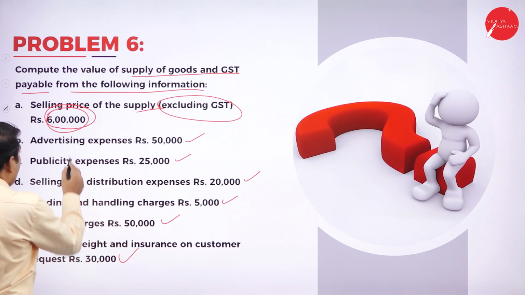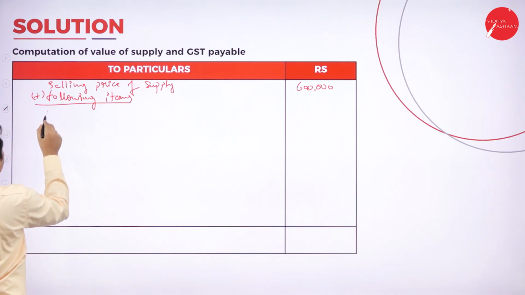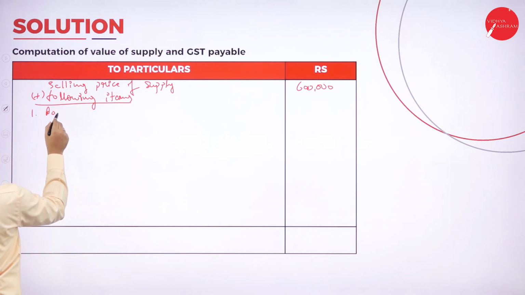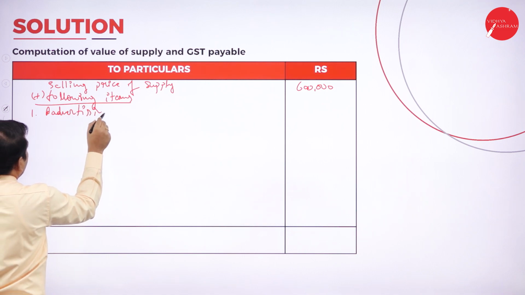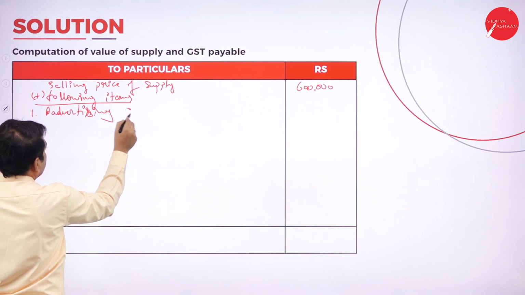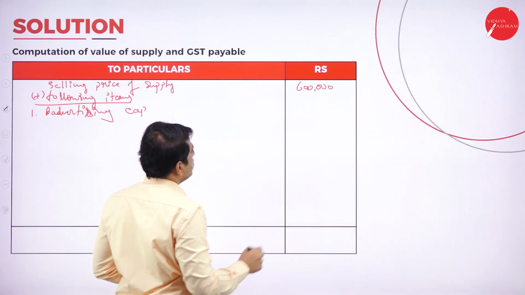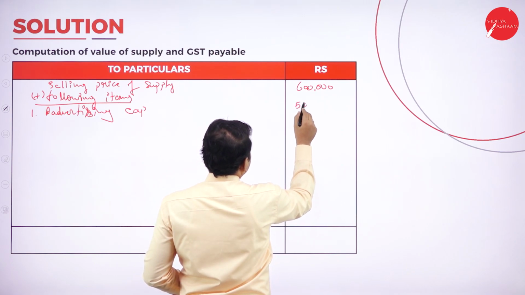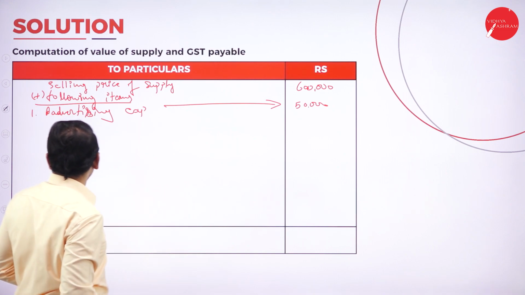What are those? First one, advertising expenses 50,000.